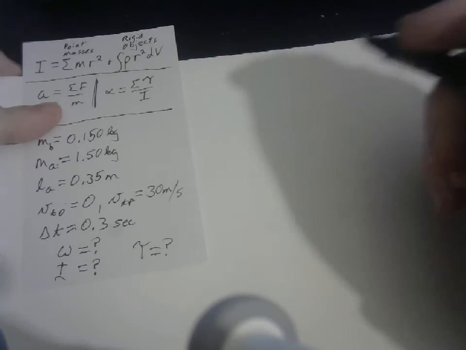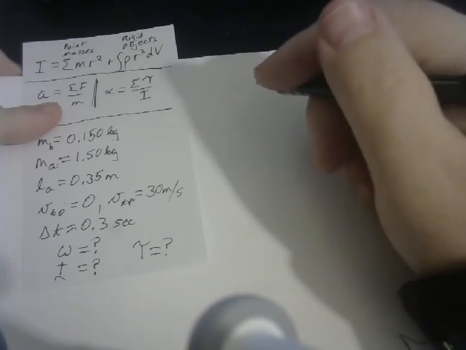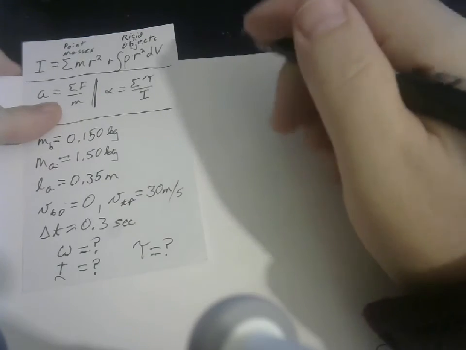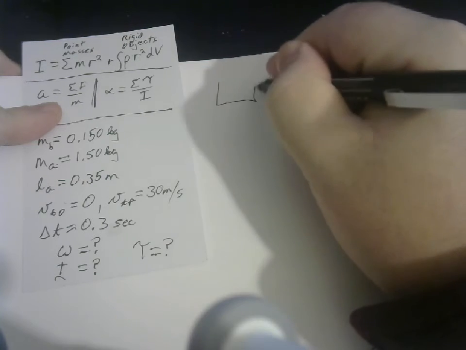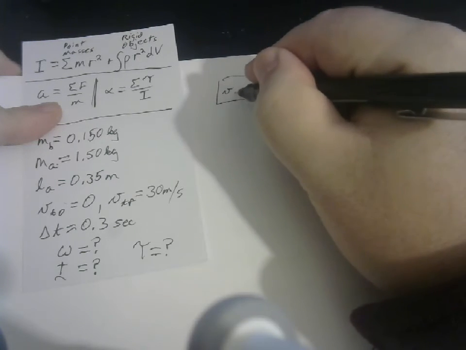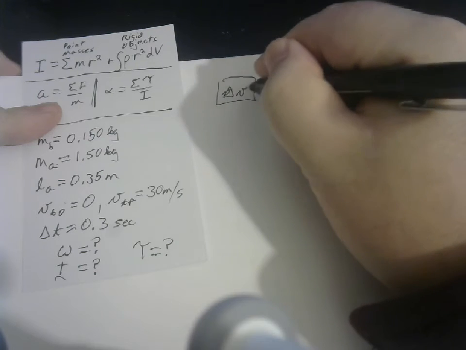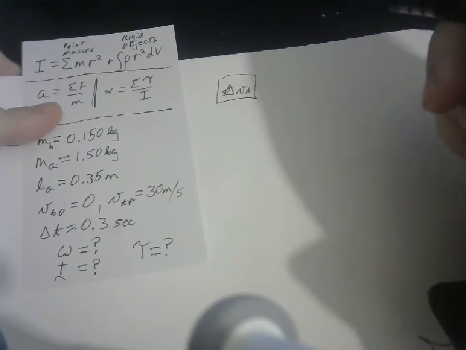Part A, we want to find alpha. So we've got delta V sub t, and we've got delta t.